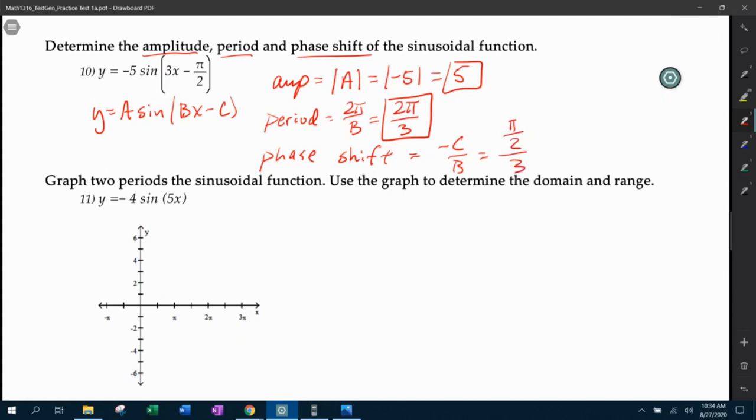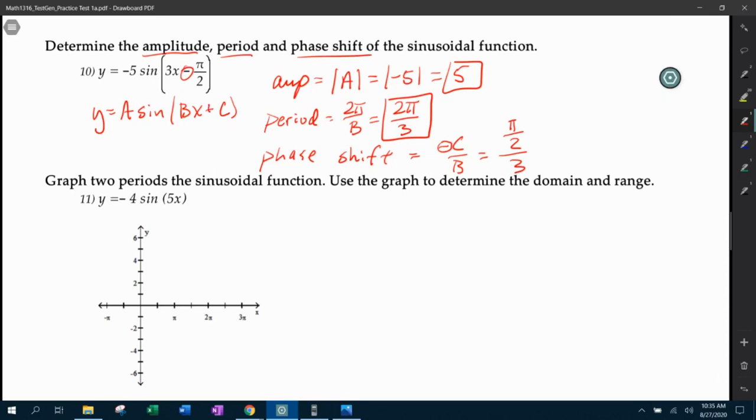Now notice that the formula has a negative and the c has a negative, so that's going to make this a positive over here. I think the formula actually is plus there. Okay.